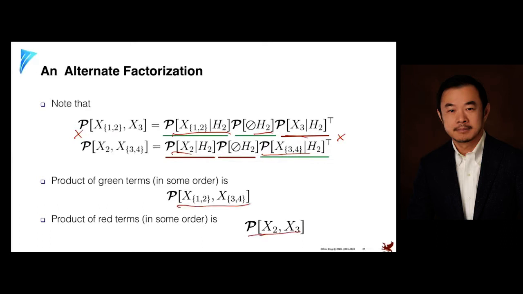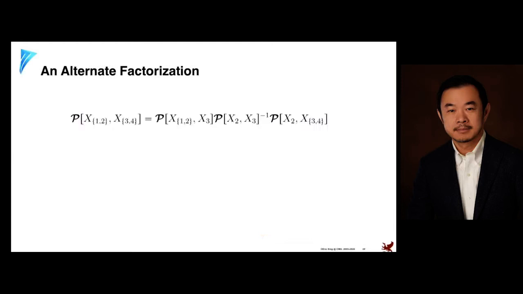On the left-hand side, you have this and that. Therefore, you can prove to yourself that you will have a new factorization where P of x1, 2, 3, 4 can be expressed with a product of P of x1, 2, 3 and the P of x2 and 3 inverse and P of x2 and 3 and 4.